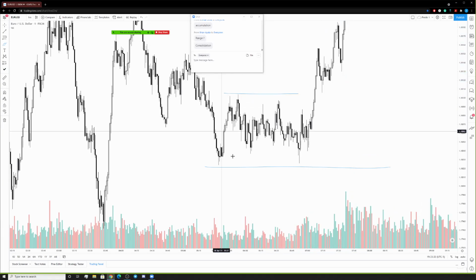But yeah, the consolidation is the cause, but what is the cause inside of the range? Mark it out. Somebody mark it out. All right, I want to see what you guys see here.